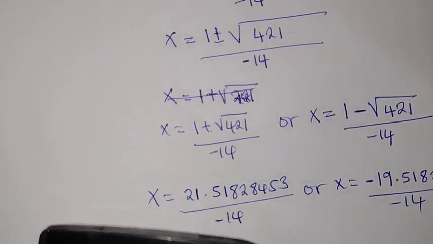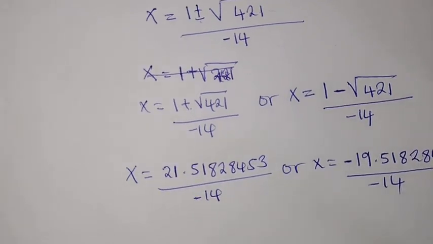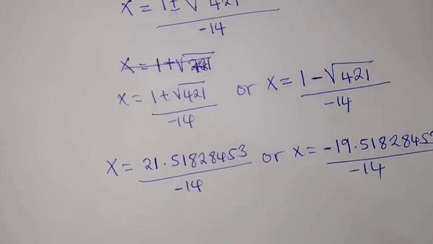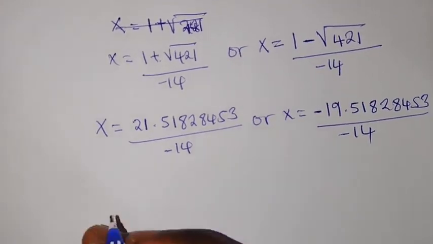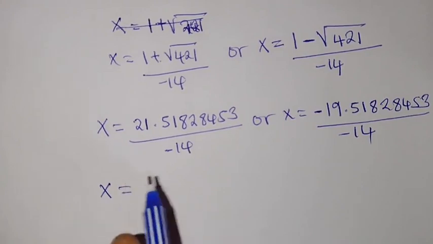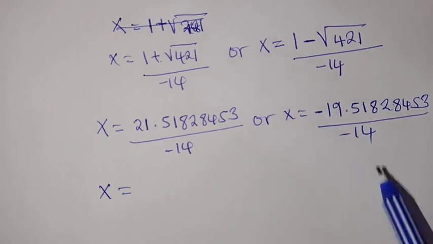So I do encourage that even you are punching somewhere on your calculator so that we have same values. Okay, so this is what you have gotten. So from this stage now we can say x is equal to, so we just need to divide this by -14 and this by -14.